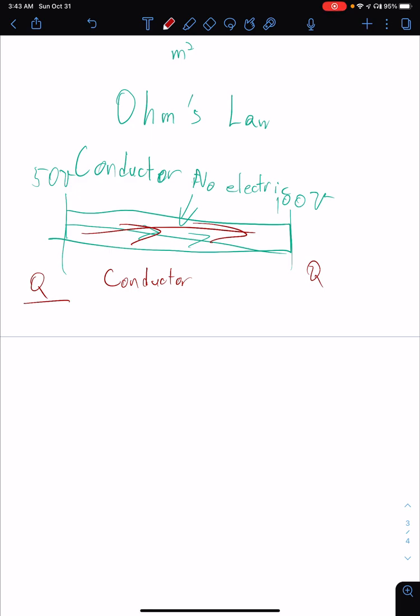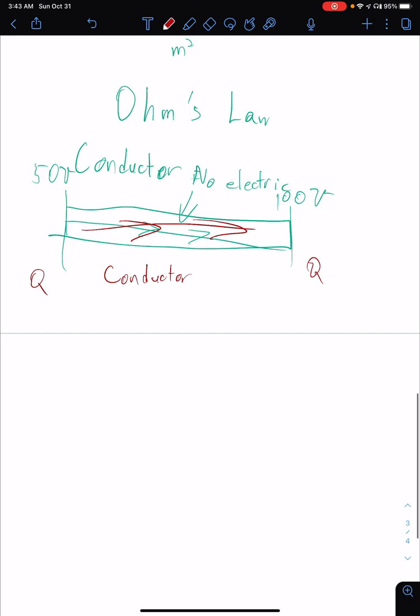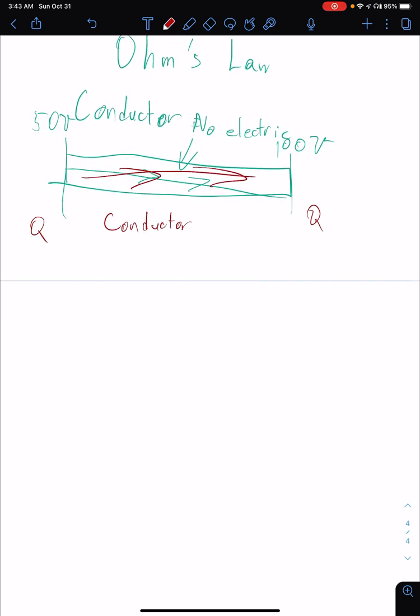We're going to have to slow down because the material is blocking us. Makes sense, right? And that's how we started developing Ohm's law, which is V is equal to IR. Okay?